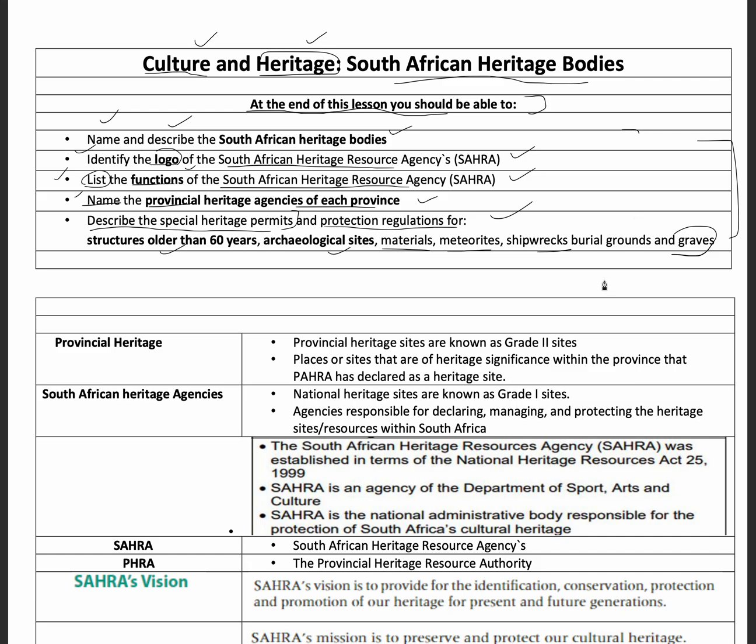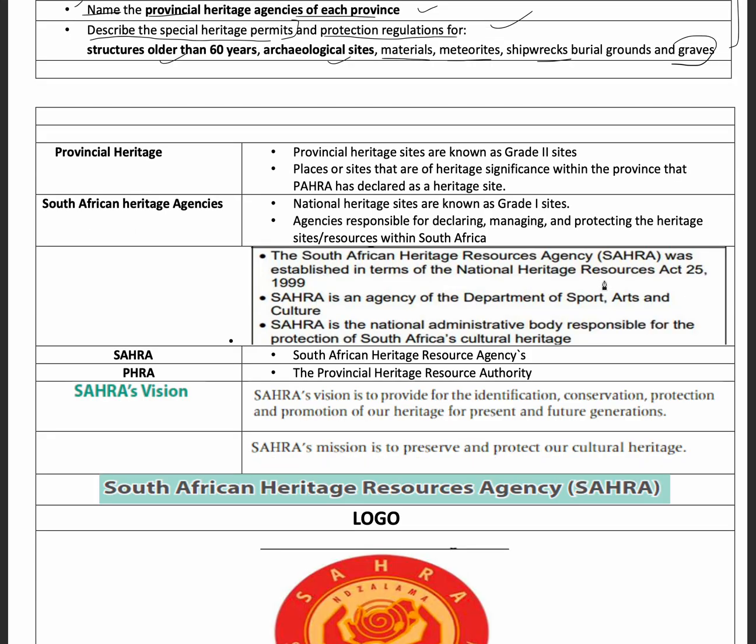Okay, then the first concept that we talked about is called provincial heritage. When something is provincial, it is at a level of government below national level.